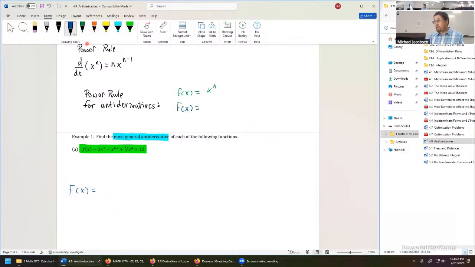We'll call that an uppercase F of x. And here's the process. Because we are completely reversing the process of differentiation, we're essentially using this rule backwards, in every sense of the word backwards. Whatever was step one is the last step, in other words. Whatever was the last step here becomes the first step. The last step of the power rule was to decrease the exponent.